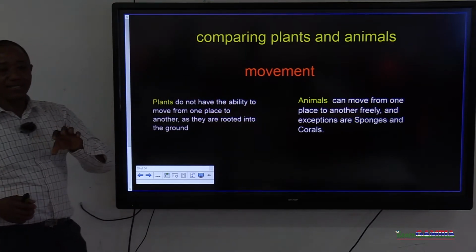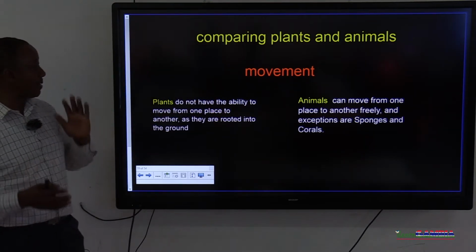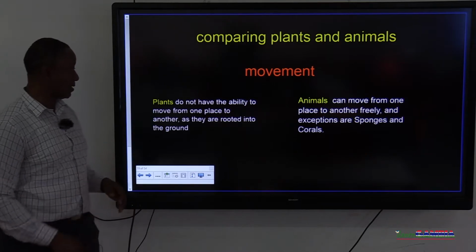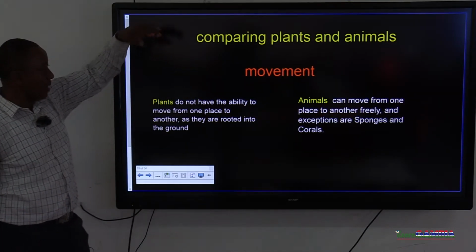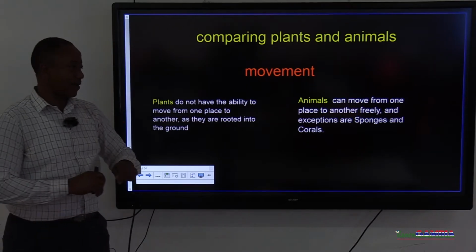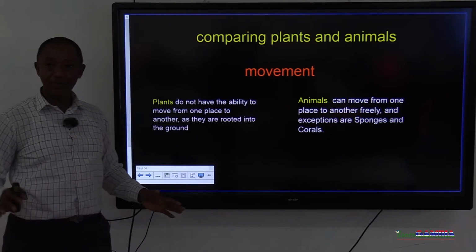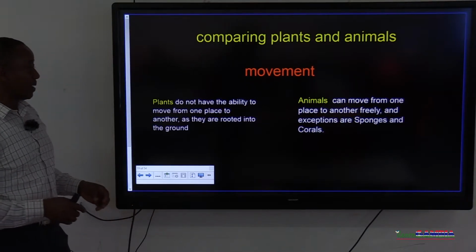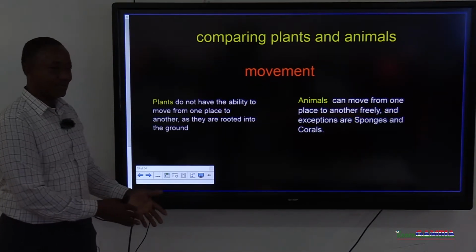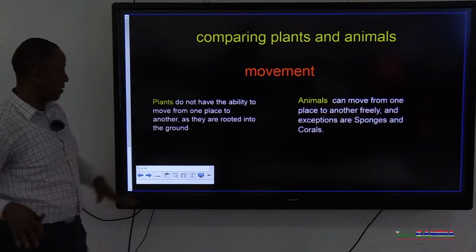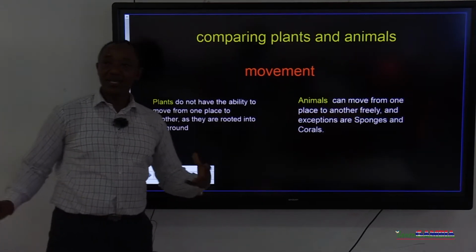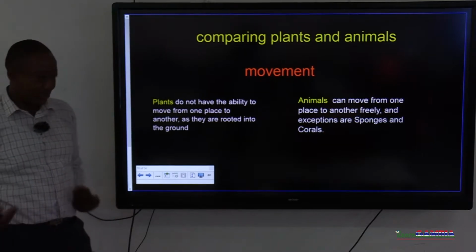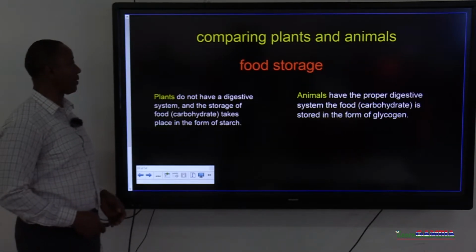You can see the branches, or even the plant itself: initially it was down there and gradually it is up there. And those that have branches that grow on the ground like potato, you will see where they start growing. After some time, you'll see them scattered all about the area there. Whereas with animals, they're capable of moving the whole body from one point to another.